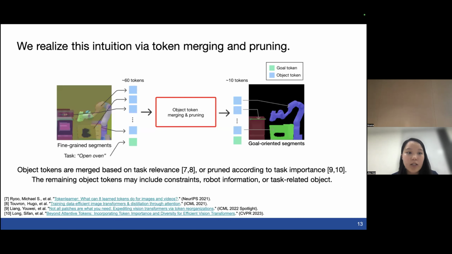We want to realize this intuition by token merging and pruning. Given the abundant number of tokens, by utilizing object token merging and pruning techniques, we want to reduce the number of tokens, which ultimately reduces the computational cost. And since only the relevant properties are left, the performance can be maintained too.